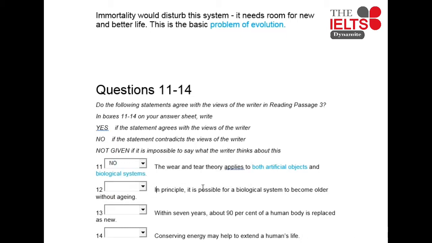The next point: in principle it is possible for a biological system to become older without aging. Let's refer to the text. The clue here is "without aging", and "biological system" is another clue, and "become older".